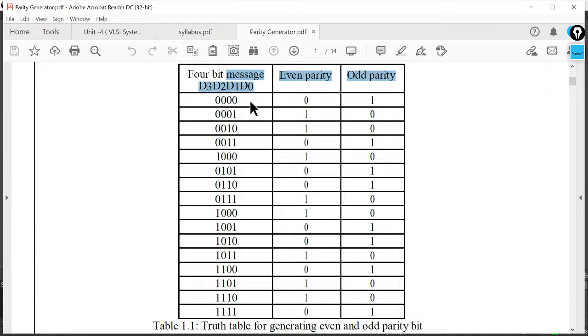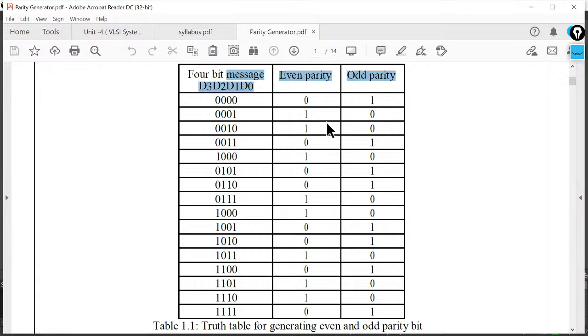After attaching the parity bit with the message signal, the code word will be of 5 bits, because in these 5 bits, 4 bits are of message and one extra bit is the parity bit. Suppose the transmitter uses an even parity generator circuit.